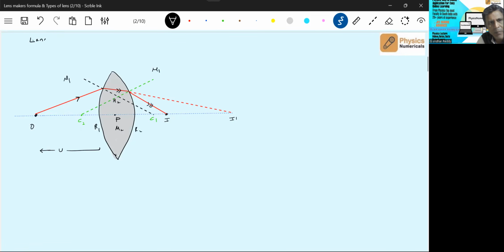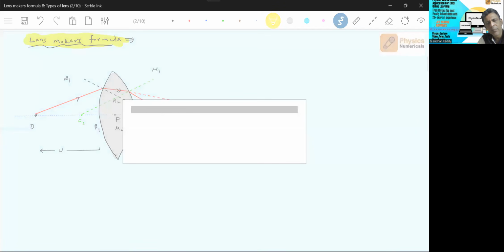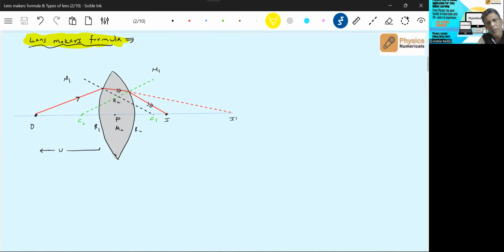So our topic will be lens maker's formula. And this is the V. This will be V dash. So we'll have this much of thing.